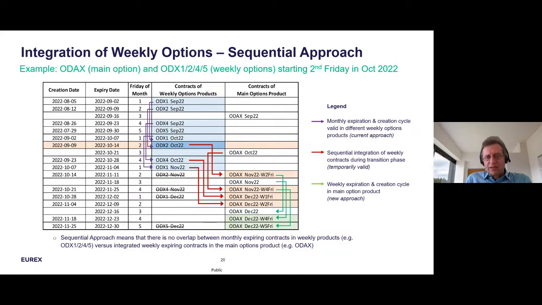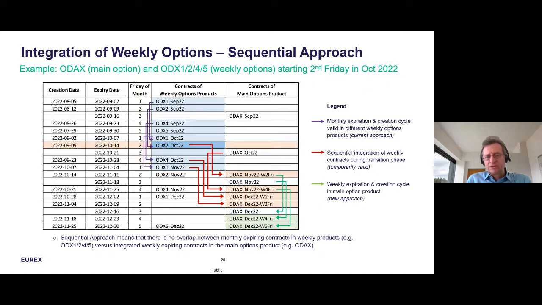So this is a complete weekly based creation and expiration cycle. We have second Friday options in this one cell, ODAX November 22, W2 FRA, which means these are the second week Friday options expiring in November 22.